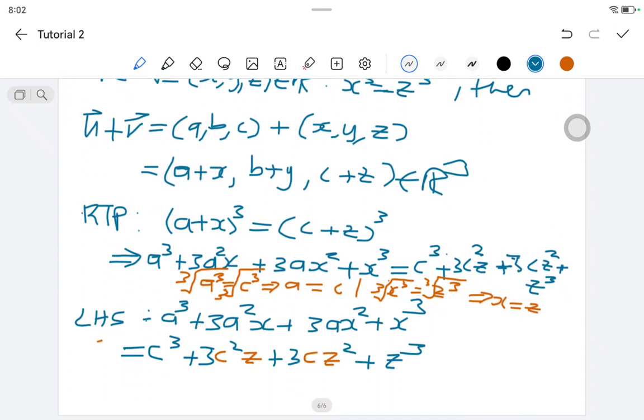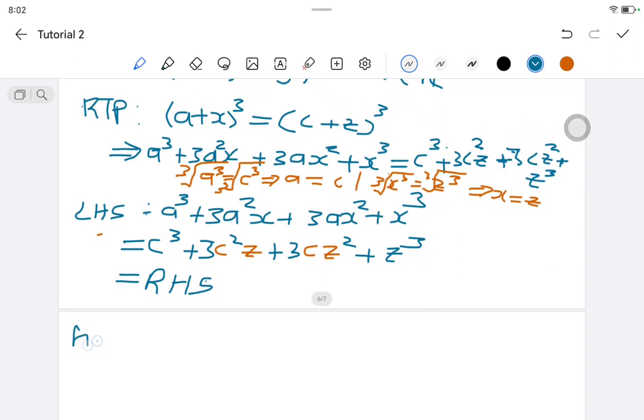Then if we check, we realize that this is equal to the right hand side. The right hand side was c cubed plus 3c squared z plus 3c z squared plus z cubed. Hence, u plus v is an element of W. I'm sure we say this.